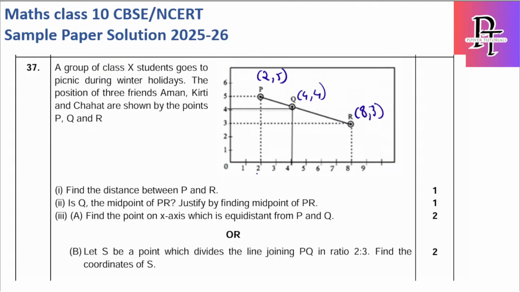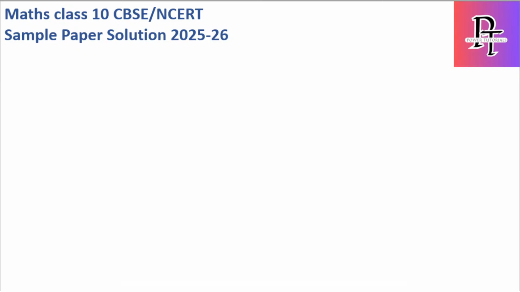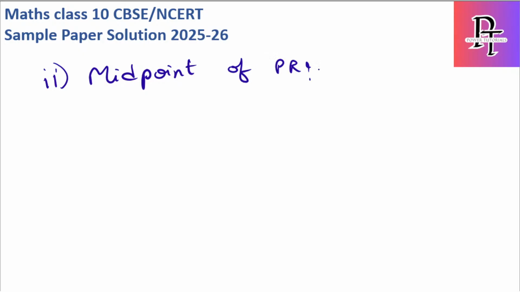Second one is, give the midpoint of PR. Justify your answer by finding the midpoint of PR. For the midpoint, we need to use the formula, which is x2 minus x1 whole square plus y2 minus y1. Sorry, midpoint is (x1 plus x2) by 2 and (y1 plus y2) by 2.